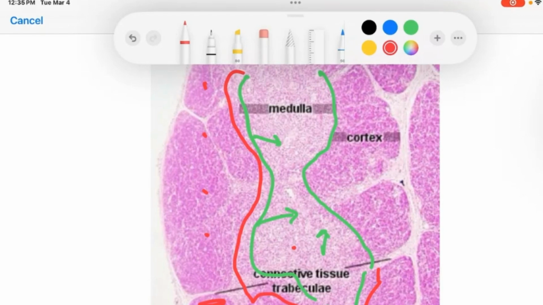They come in through the cortex and then proceed down to the medulla. So the medulla is where you find the mature T cells.